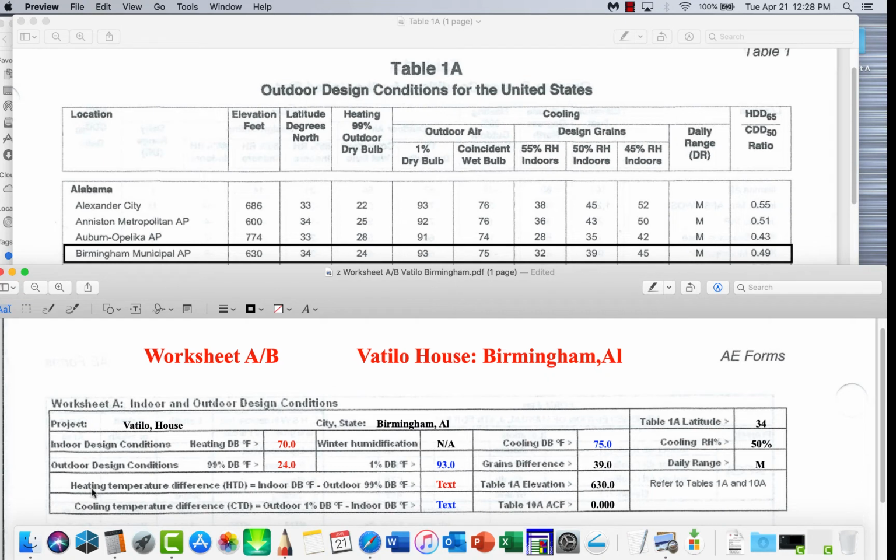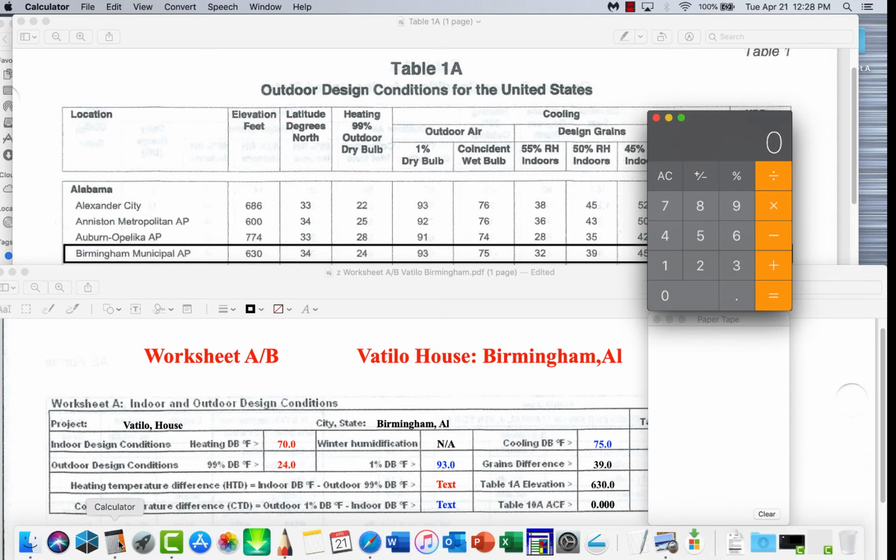So on all these worksheets, basically you just read across what it says, and it says for heating temperature differential, or HTD, equals indoor dry bulb minus outdoor 99%. So our indoor dry bulb is right here. Let's see, 70 minus 24.